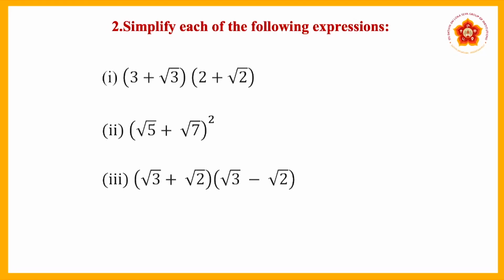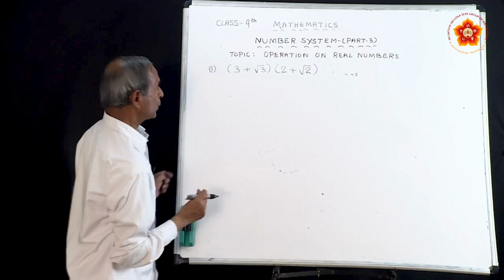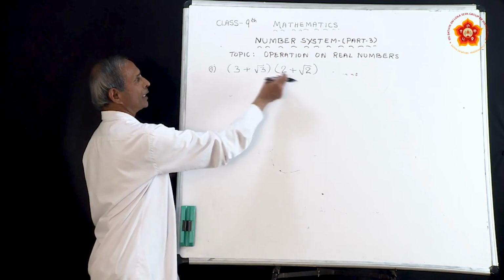Now let us move to the exercises. Second problem. Simplify each of the following expressions. The first problem is (3 plus square root of 3) multiplied by (2 plus square root of 2). Now there are two binomials. The given operation is multiplication.